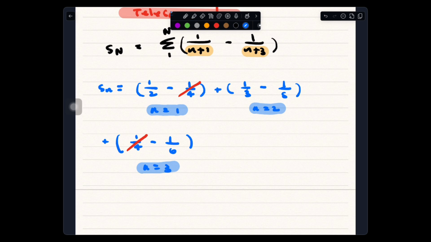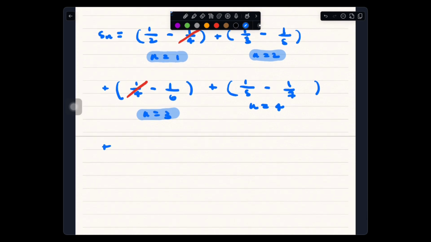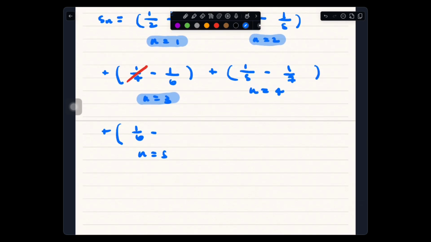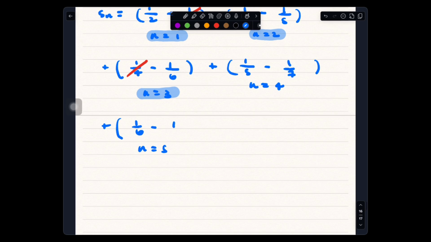We might have to look at another 3 terms. N is 4. And you say, what happens now? Well, that's going to be 1/5 minus 1/7, plus n is 5: 1/6 minus 1/8.